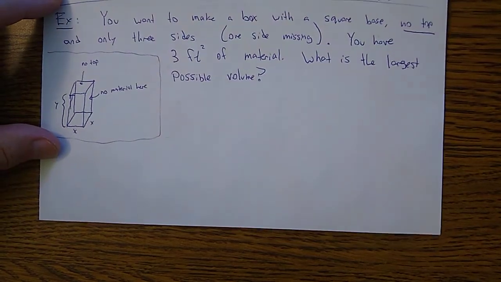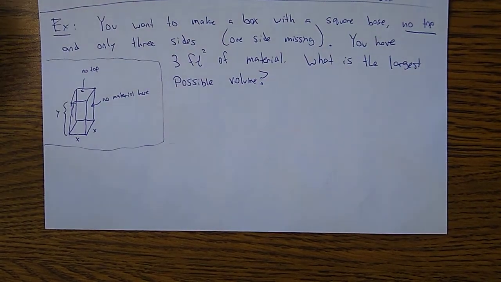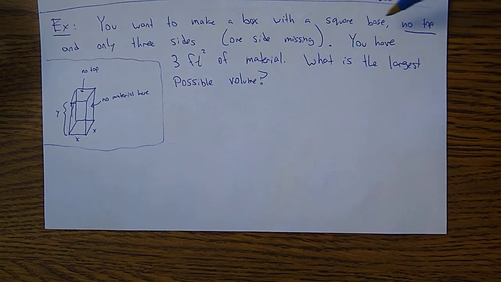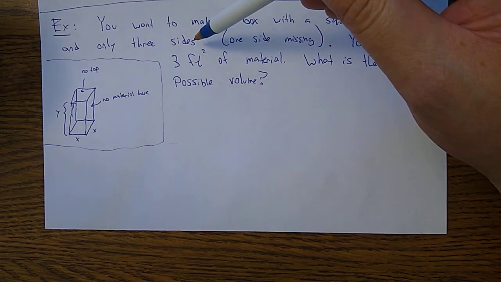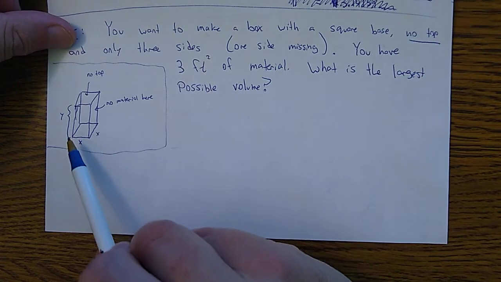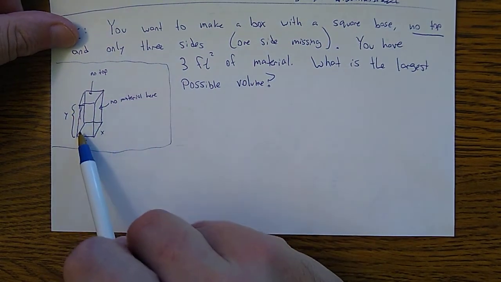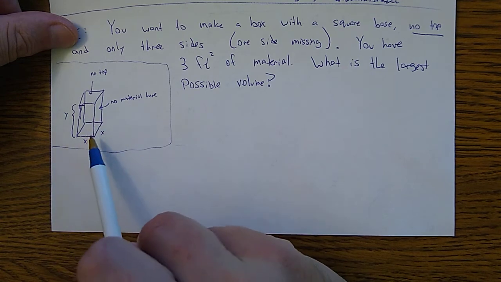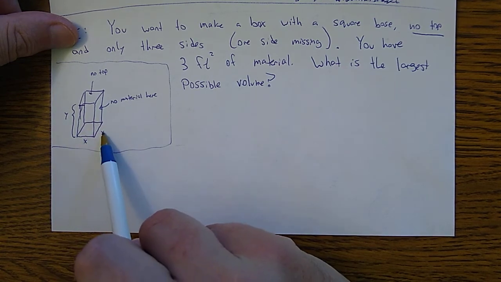Let's do one more example. We want to make a box with a square base, no top, and only 3 sides. So one of the sides is missing. I'm not the world's best artist, so I drew a box here. It has a square base, so this is x and this is x.